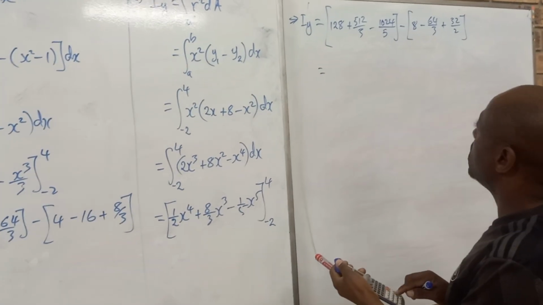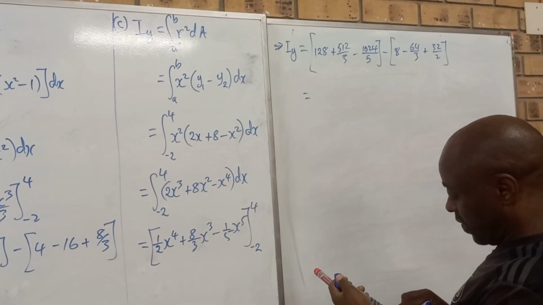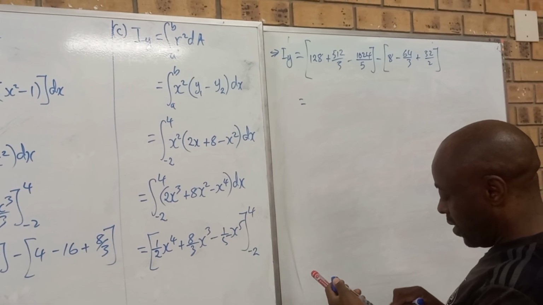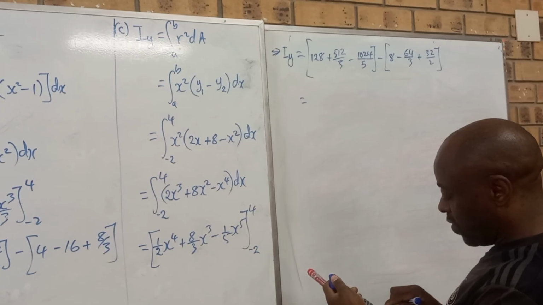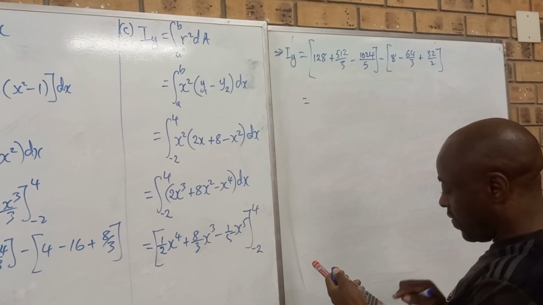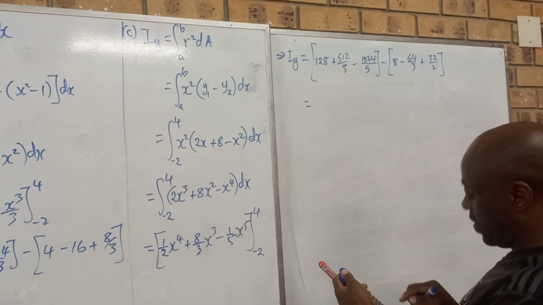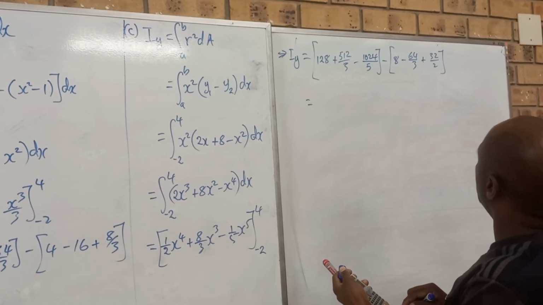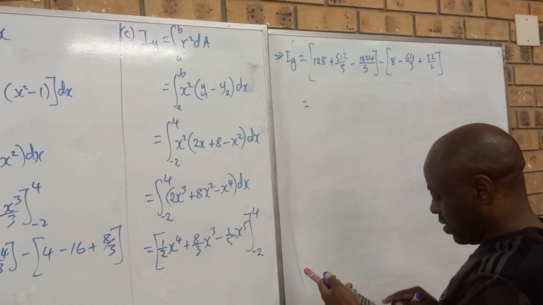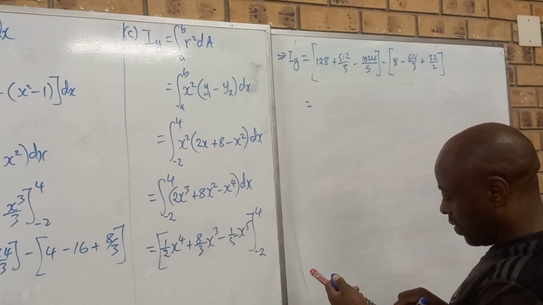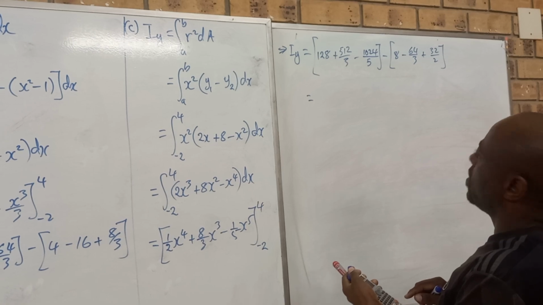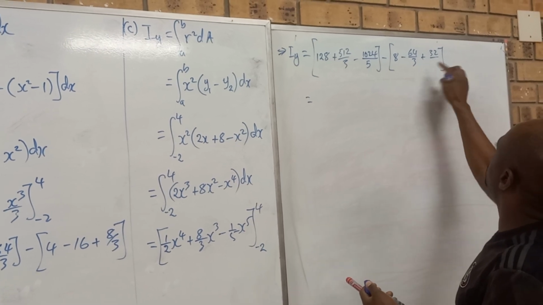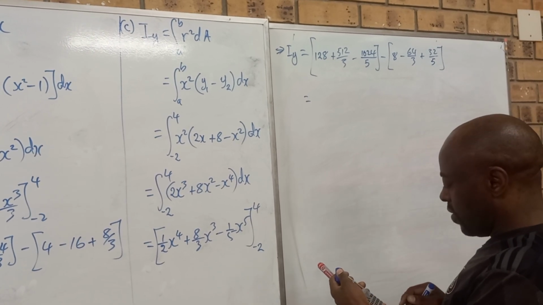We get 128 plus 512 over 3, then minus 1024 on 5, then minus 8, then plus 64 on 3, then minus 32 over 5.